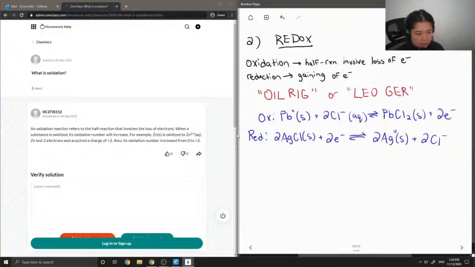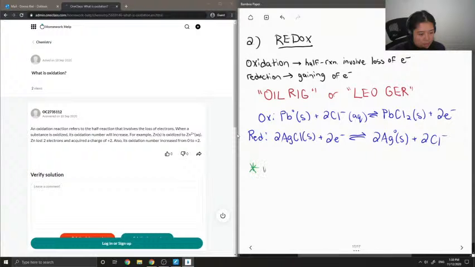So here, again, you'll see that the silver, when it's bonded with 1 chlorine, has an oxidation number of +1, and its oxidation number decreases to 0. So this is an example of a reduction reaction.